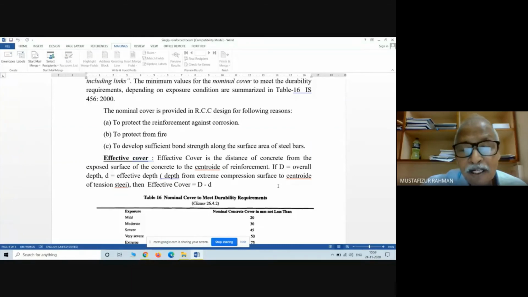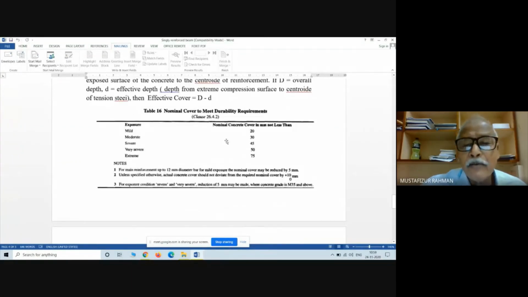Now, this effective cover value I just repeated from the code. It is not my thing. This effective cover depends on the local condition. This value may not be the same at all locations and all conditions. It varies from location to location, condition to condition. There are 5 conditions given: mild exposure, moderate exposure, severe exposure, very severe exposure, and extreme exposure.